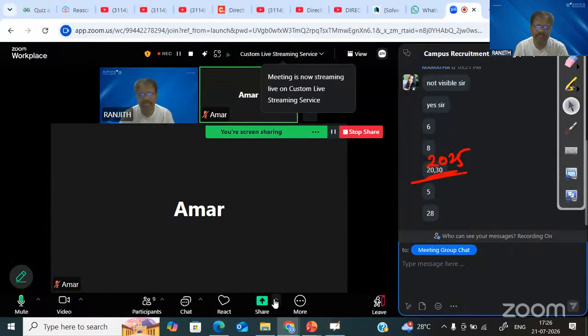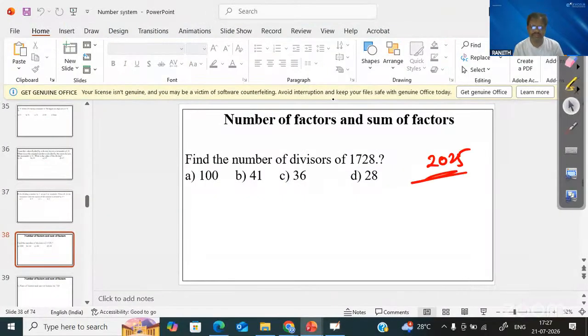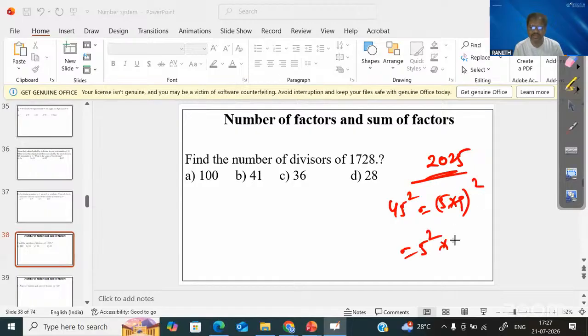What about 2025? Yes. 2025 can be written as 45 square. 45 can be written as 5 into 9, whole square. Here 5 square into 3 power 4. So it will be equal to 5 into 3 equal to 15.